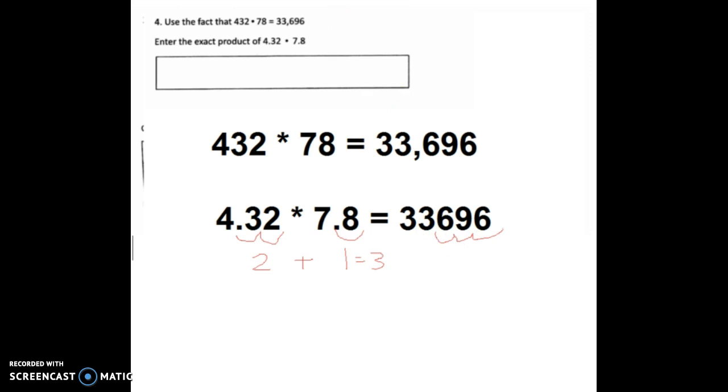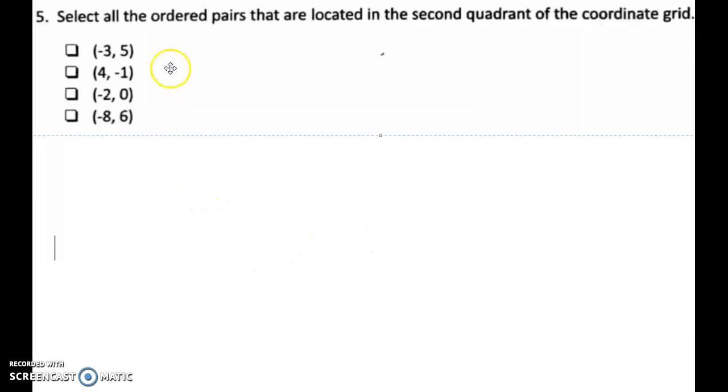So my decimal is going to go right here after 3 numbers to the left. So 33.696. Super easy because it does the math for us already. So don't sit there and try to figure out what 432 times 78 is, because it already tells you it's 33,696.